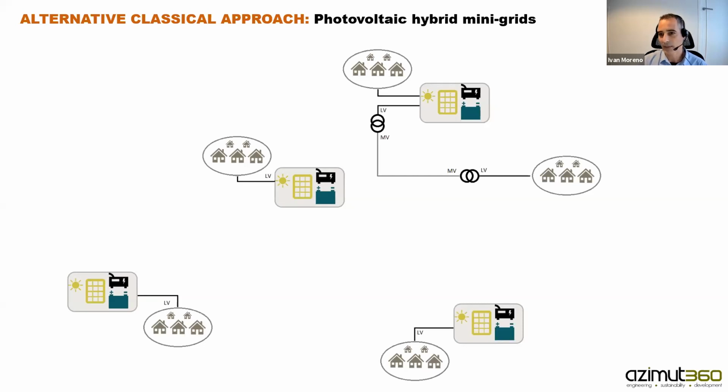Here we can see each town has its own PV plant or mini grid with batteries, and in some cases, isolated villages that have no PV resources can connect to another village that has these resources, and by means of a medium voltage distribution line, share these resources and the electricity produced.